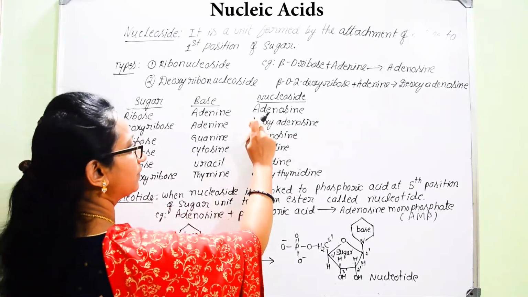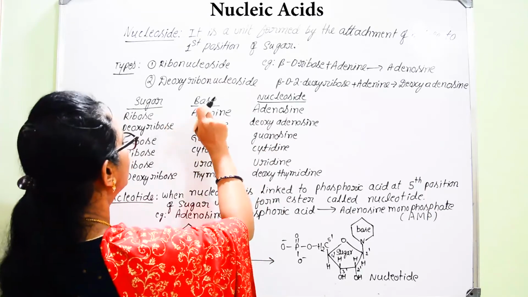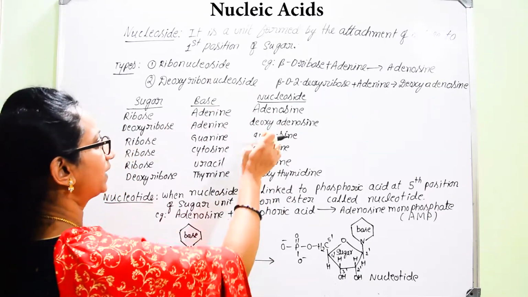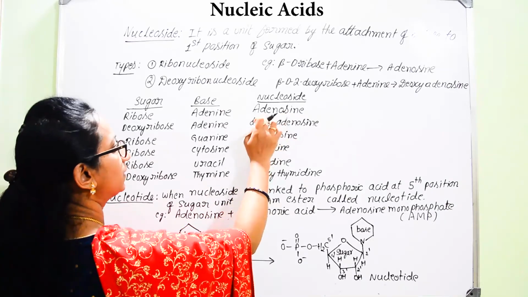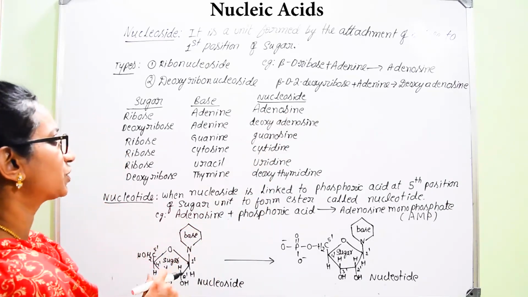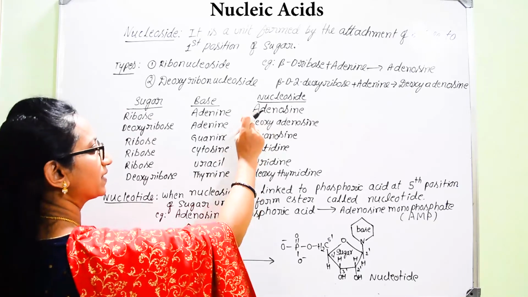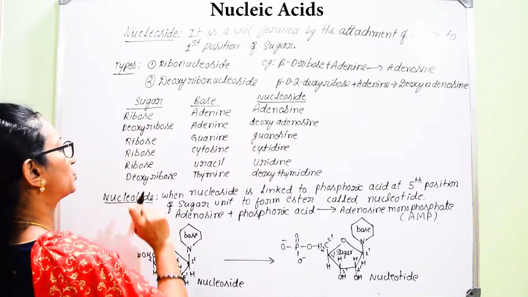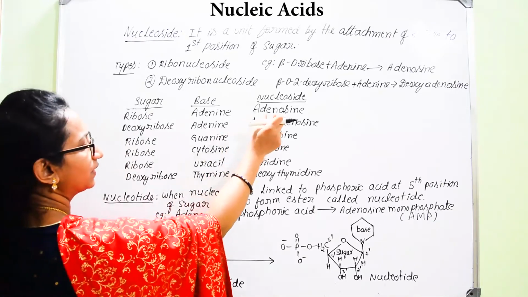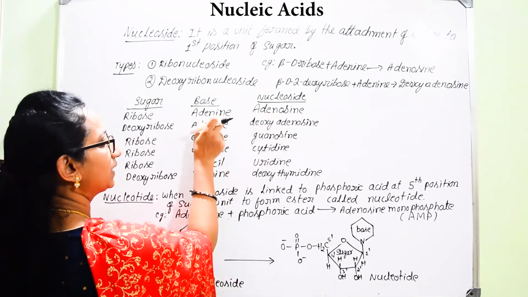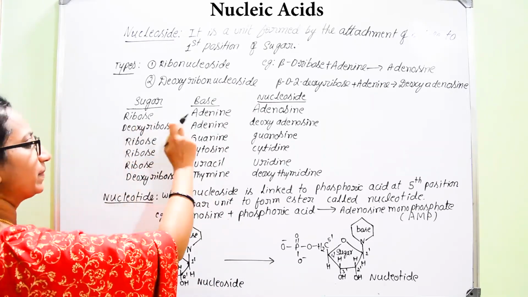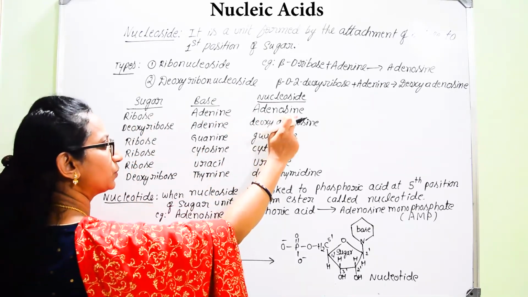Adenosine has no prefix deoxy, hence you can easily guess that the sugar is ribose sugar. And according to the name, the base we can easily recognize is adenine. So ribose combines with adenine to give adenosine.